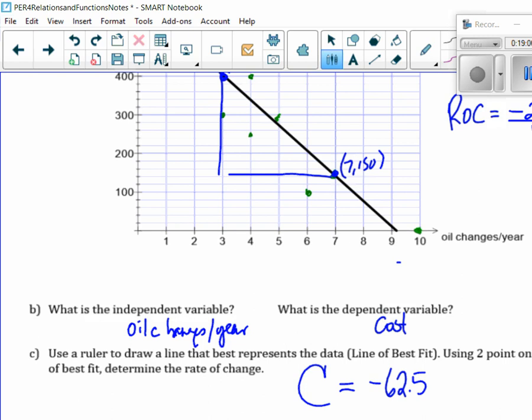Y for year. Or C for changes. But we already have C. Or N for the number of oil changes. Or M for money. No, C for cost. Or R for repair. No, the repair is the cost of the repairs over there. So N for the number of oil changes.